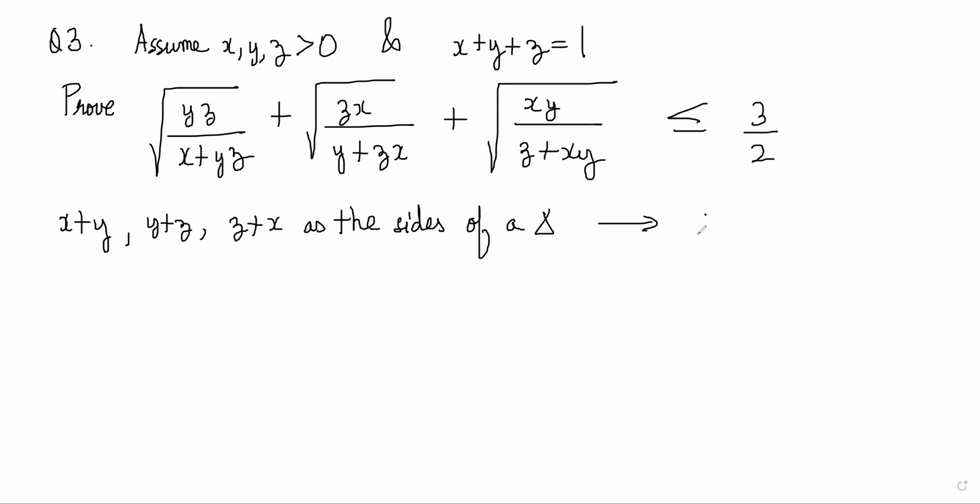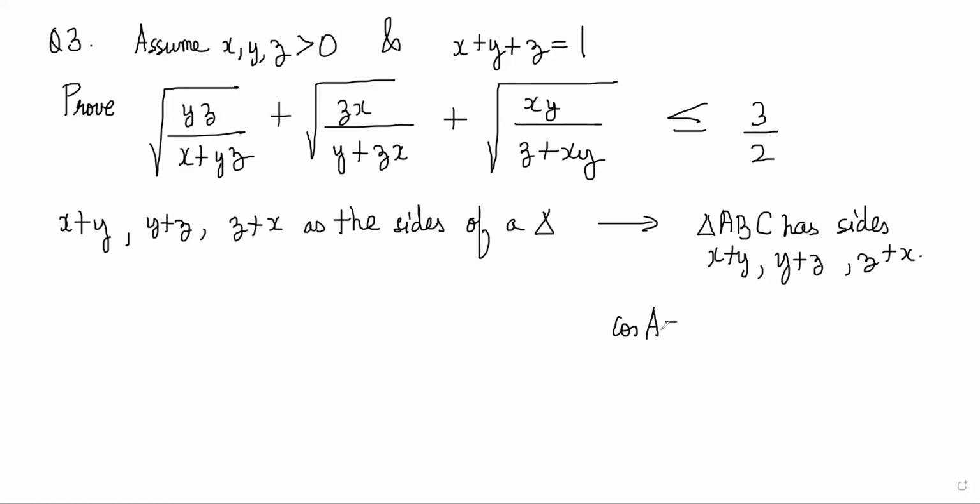So we'll say that triangle ABC has sides x plus y, y plus z, and z plus x. So therefore, by cosine rule, you can show that cos of A would be, here obviously A is opposite to x plus y.